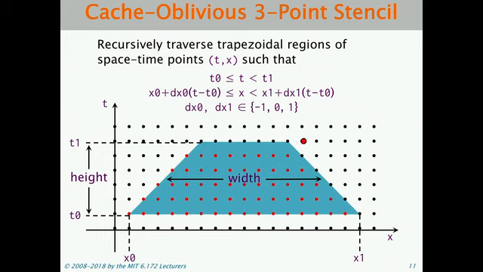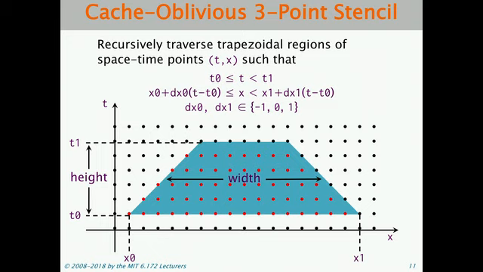So dx1 is the inverse slope on the other side. And dx0 and dx1 have to be either -1, 0, or 1. So -1 just corresponds to an inverse slope of -1, which is also a slope of -1. If it's 1, then it's just a slope or inverse slope of 1. And if it's 0, then we just have a vertical line.